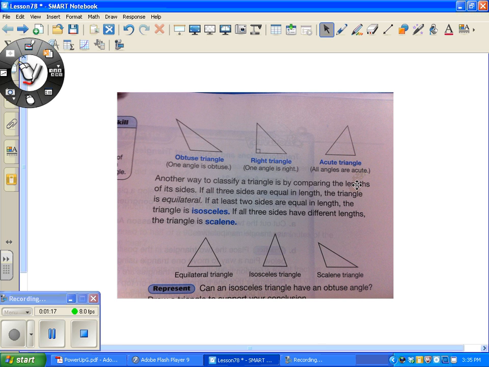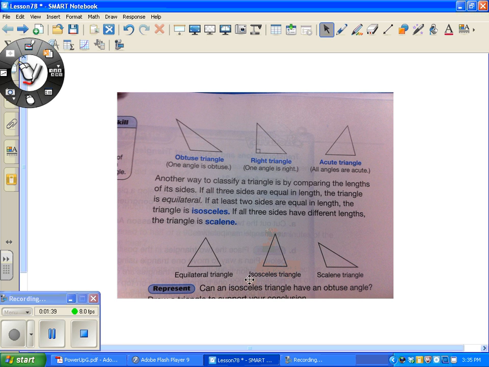Now, another way to categorize triangles is to look at the length of their sides. Okay, and if all of the sides are equal, then it's called an equilateral triangle. Okay, if two sides are equal, and you can see that these two sides are the same, but the base is a little bit smaller.